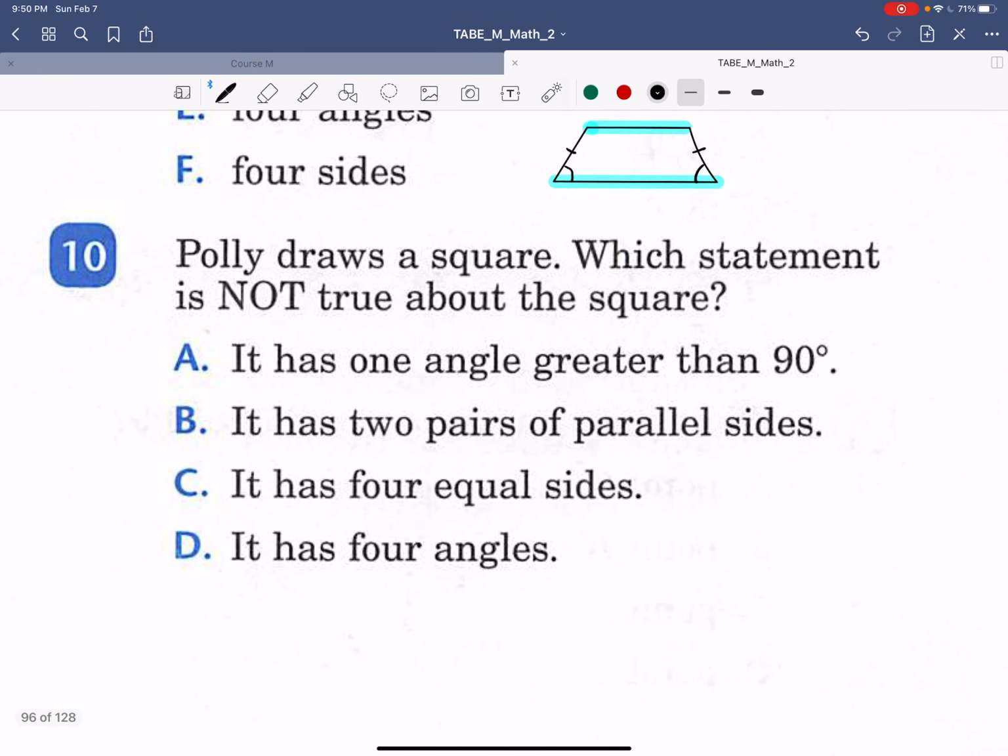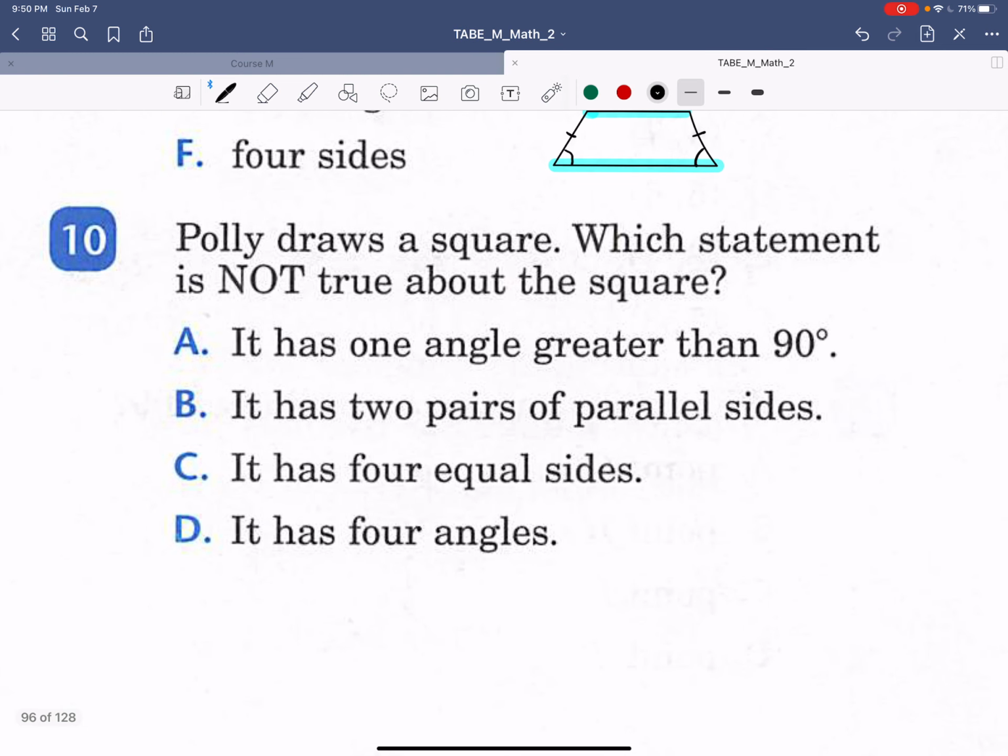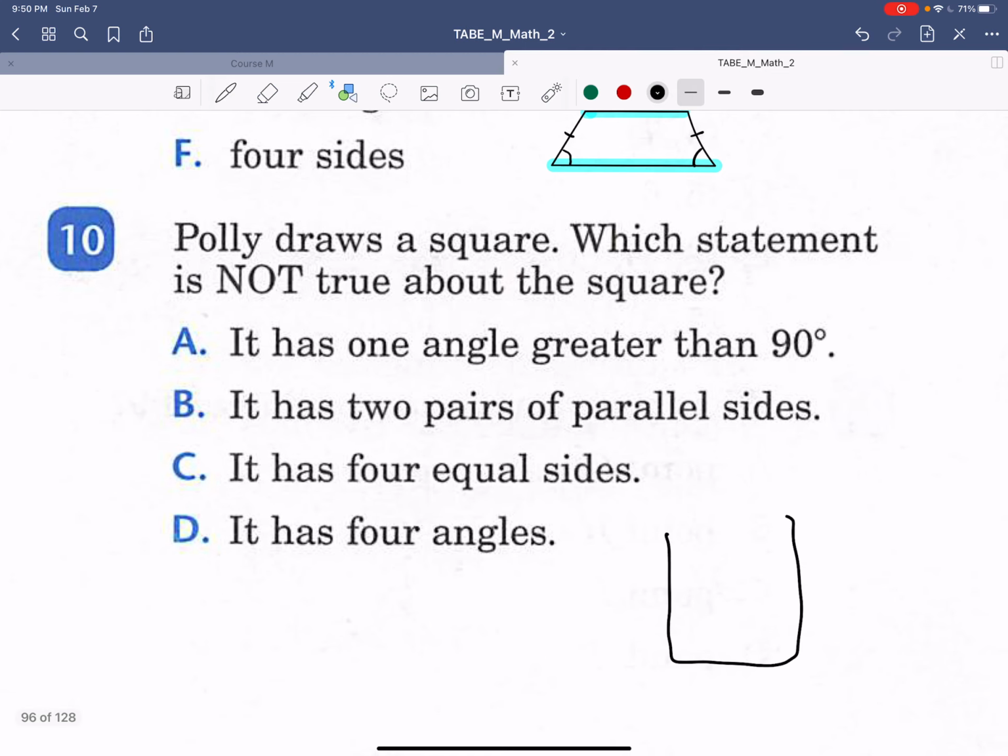Number 10. Polly draws a square. Which statement is not true about the square? It has 1 angle greater than 90. No. It has 2 pairs of parallel sides.